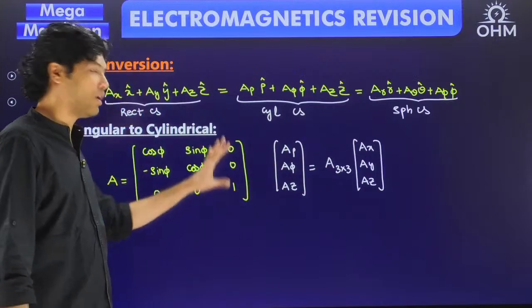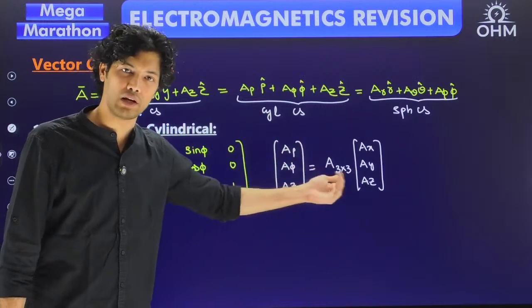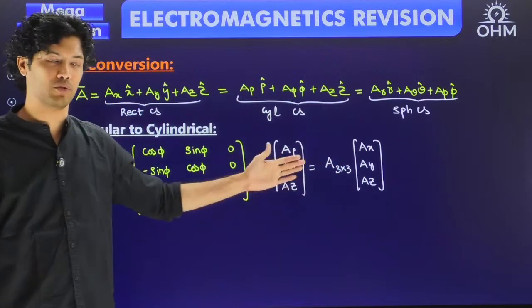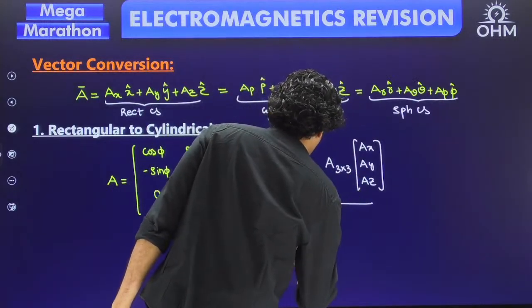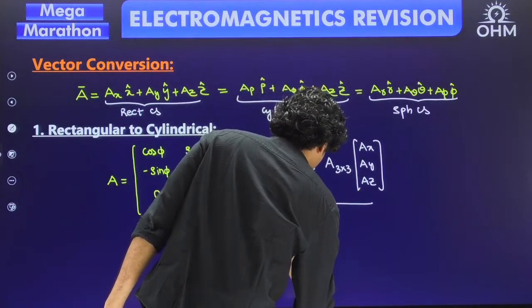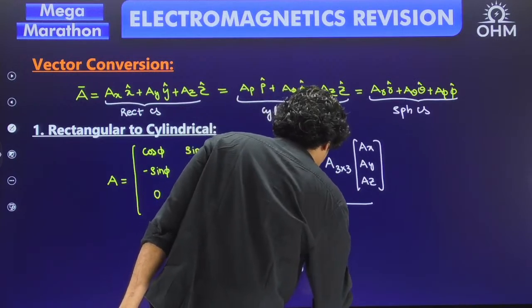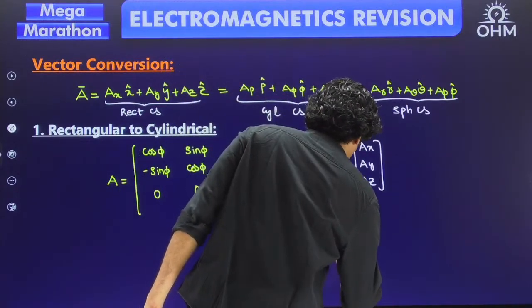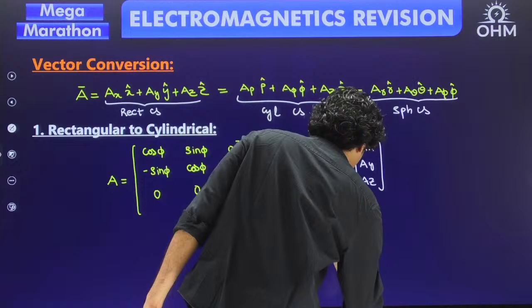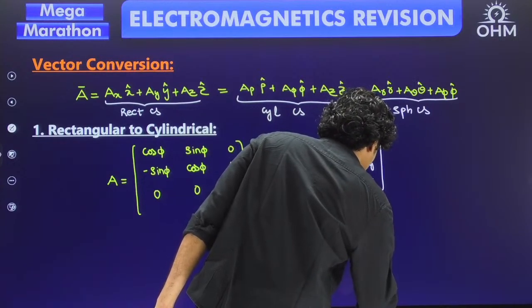But in all these transformation matrices, whenever you take the inverse, that is as good as taking the transpose. The inverse becomes equal to the transpose only. This logic is applicable only in the case of vector conversions, not in general matrices. So ax, ay, az is the transpose of the matrix we have taken, multiplied with a rho, a phi and az.